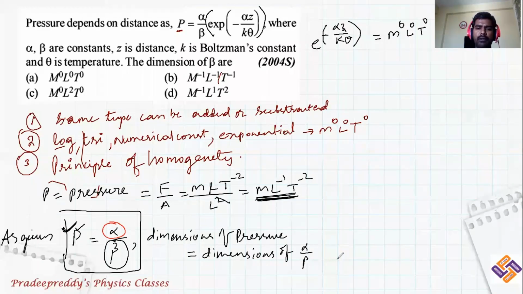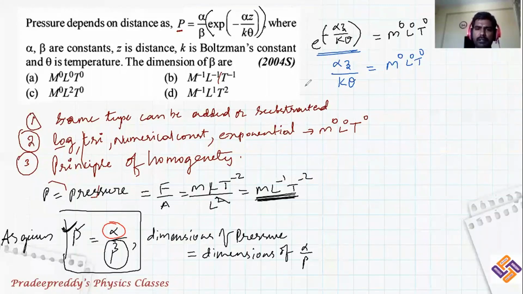To find the dimensions of alpha, I will use e power minus alpha z divided by k theta is equal to M power 0, L power 0, T power 0. As the exponential function as a whole is dimensionless, the alpha z divided by k theta is also dimensionless.